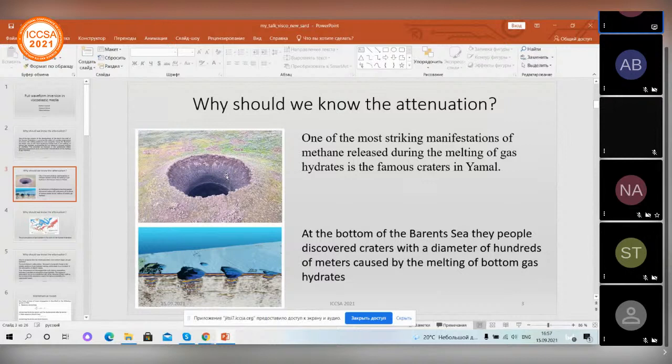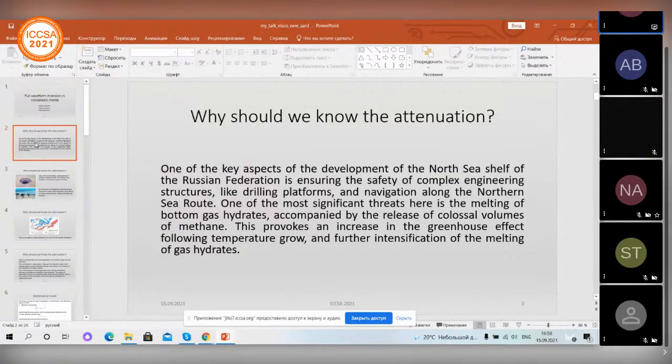And the same craters the Norwegian geophysicists recovered in the Barents Sea. So it is again because of the melting of the gas hydrates due to the global warming. Of course, it may be very, very dangerous because in this area there are a lot of very complicated engineering devices like drilling platforms, and also they began active navigation along the Northern Sea Route.